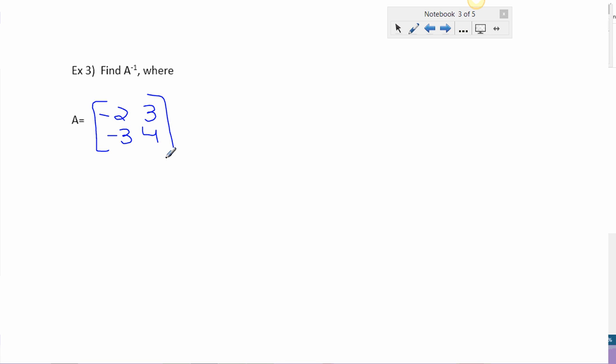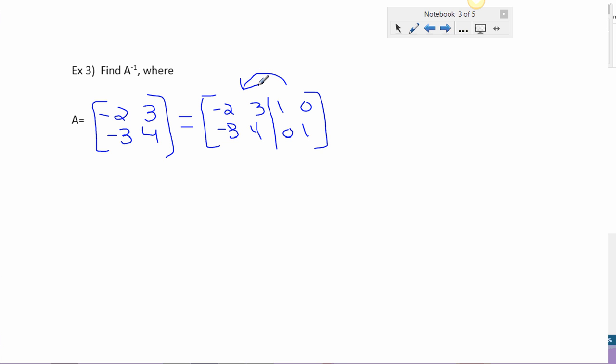So we're going to rewrite it as an augmented matrix. -2, 3, -3, 4, in conjunction with my identity, 1, 0, 0, 1. So the goal is to get this to be over here.